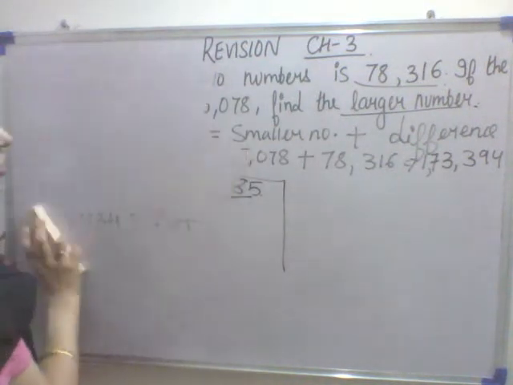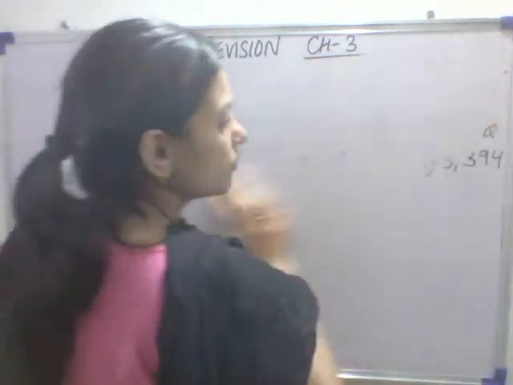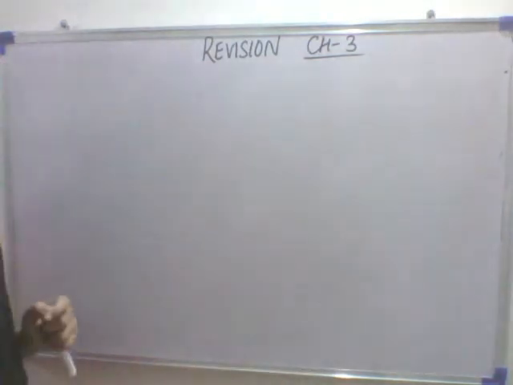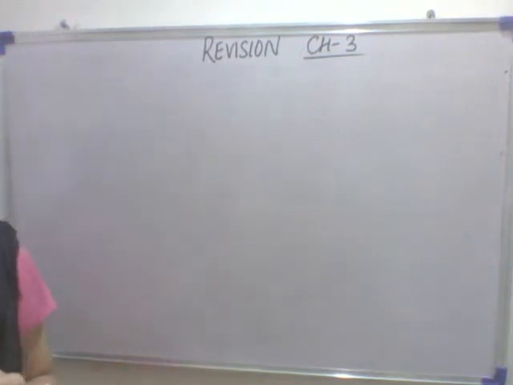The next question, I am reading the question. A man bought a plot of land for rupees 37,899. What is given? The price of the plot.